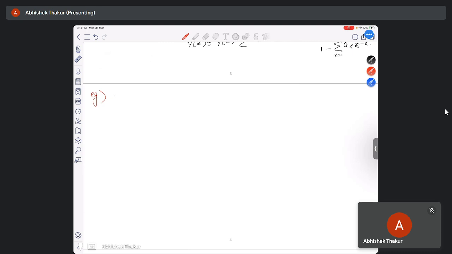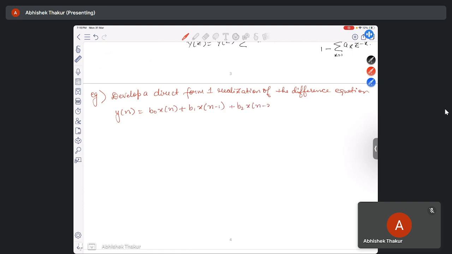So example, develop a direct form 1 realization of the difference equation y of n is equal to b naught x of n plus b1 x of n minus 1 plus b2 x of n minus 2 plus b3 x of n minus 3 minus a1 y of n minus 1 minus a2 y of n minus 2 minus a3 y of n minus 3.